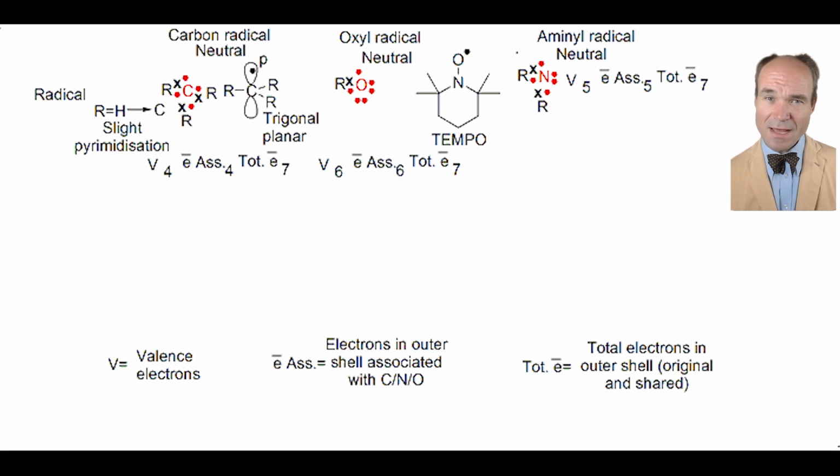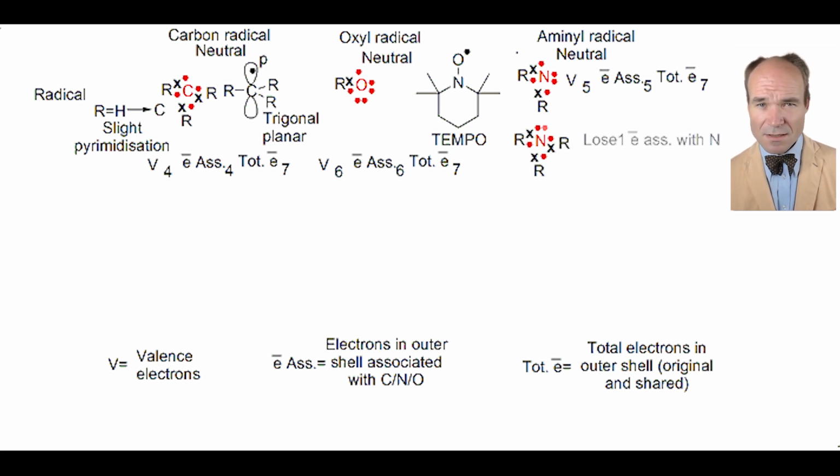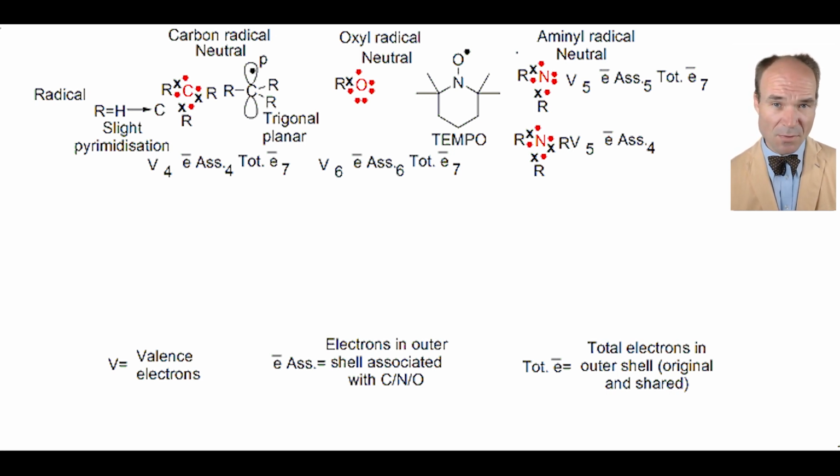Now, there is another aminyl radical species. Starting with neutral trigonal pyramidal nitrogen, we can lose an electron from the nitrogen's lone pair. It is very common that radicals are neutral in terms of charge. However, if we consider this species with nitrogen's 5 valence electrons and this aminyl radical having 4 electrons associated with this nitrogen, with 6 divided by 2 equals 3 electrons coming from covalent bonds and 1 electron from the radical.